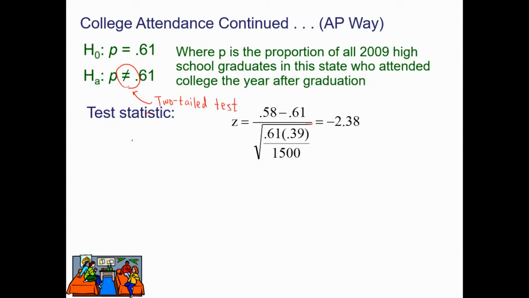What we want to do is figure out first, what's the probability that z is less than negative 2.38? So we need to look at our z table and figure out what would that probability be. If you have your textbook, the z table is actually in the back of it.